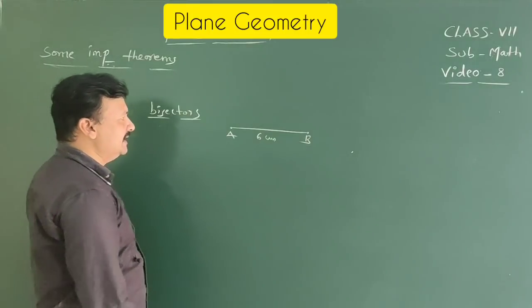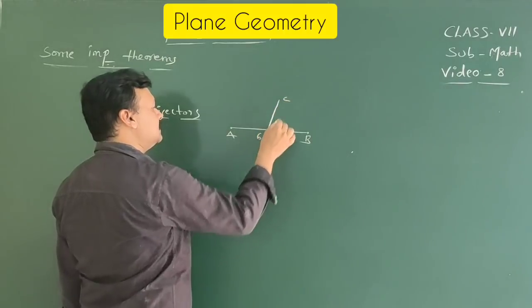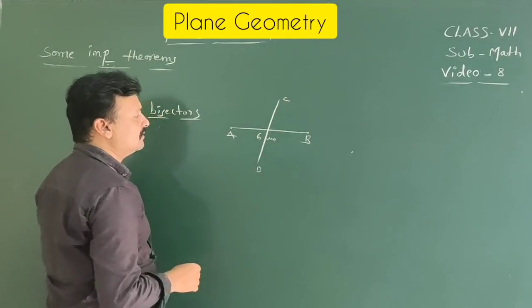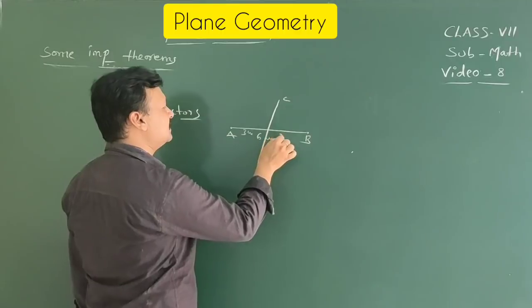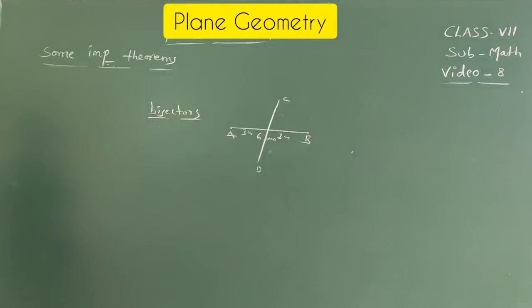Another line CD divides AB into two equal parts, 3 centimeters and 3 centimeters. So CD is a bisector.